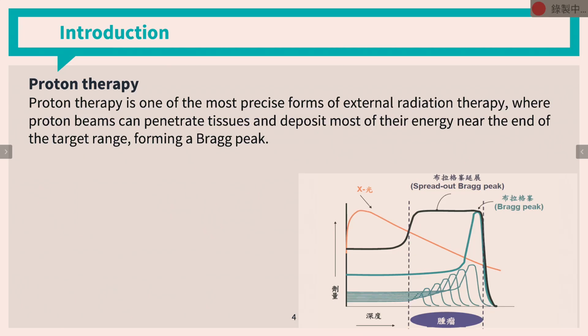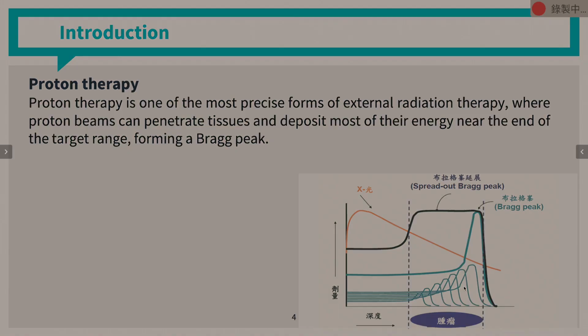Thanks to this unique depth dose characteristic, proton therapy provides highly conformal radiation to the target. However, due to the steep dose gradient near the Bragg peak, range uncertainty can have serious consequences, such as damaging healthy tissues or underdosing the tumor. Therefore, real-time monitoring and verification of the proton range are crucial to ensure the safety and accuracy of treatment delivery.